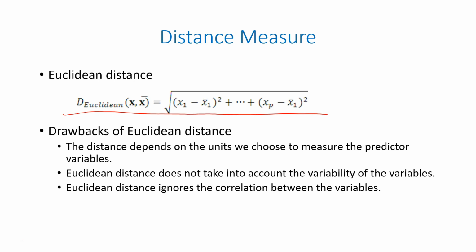Third, Euclidean distance ignores the correlation between the variables. Highly correlated variables tend to offer redundant information in the dataset, and therefore distort the distances or relationships between the cases.